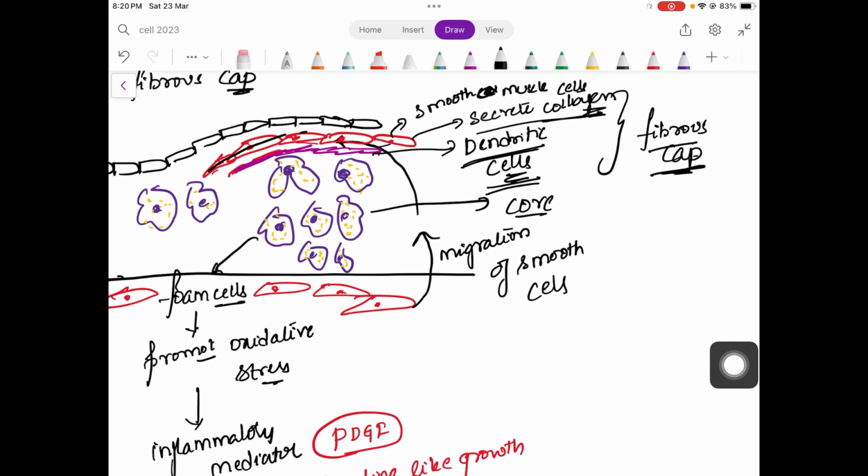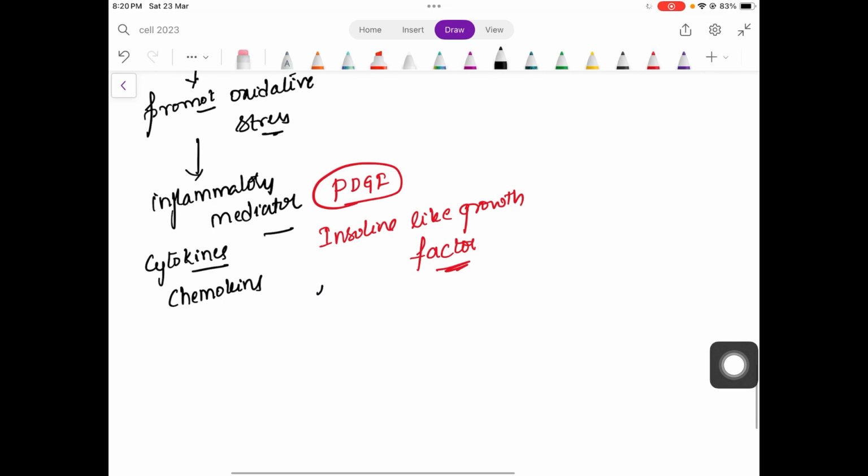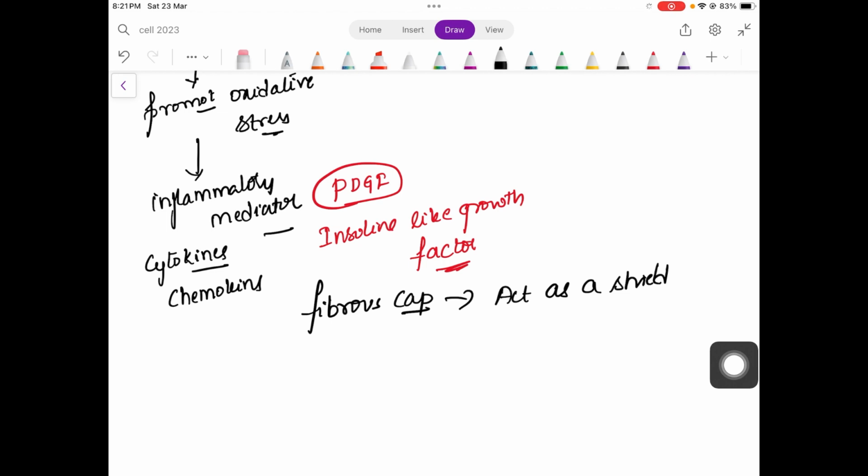Fatty streak is formed by the foam cells, and this fibrous cap acts as a shield so that it protects the plaque from the bloodstream.